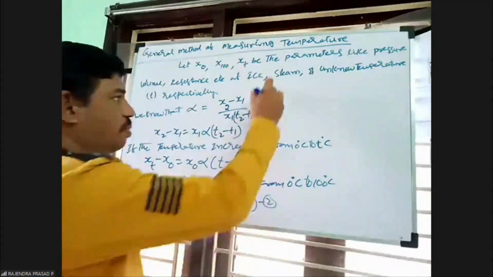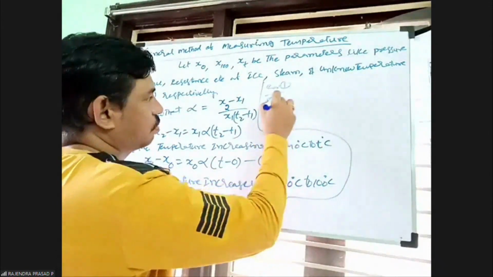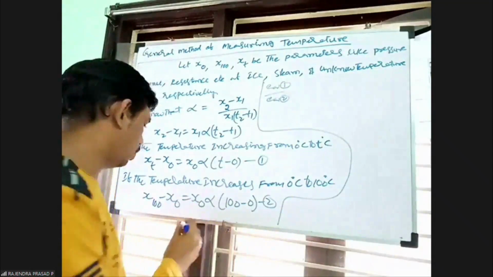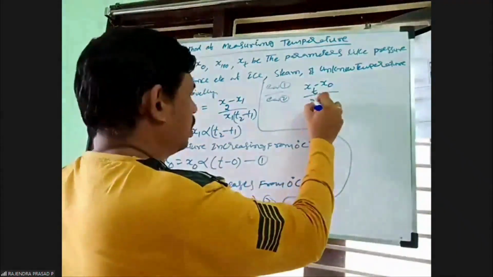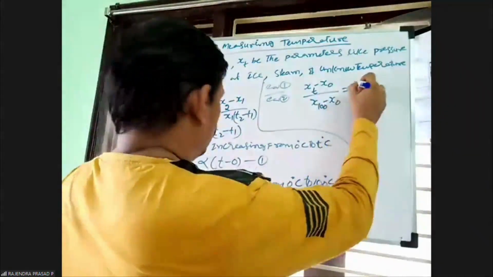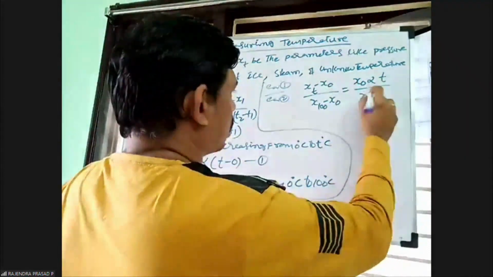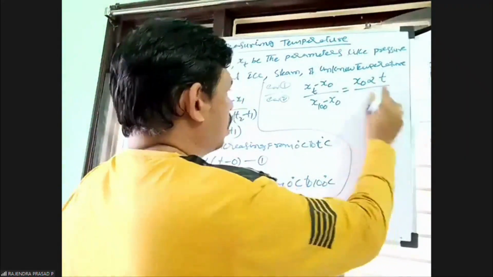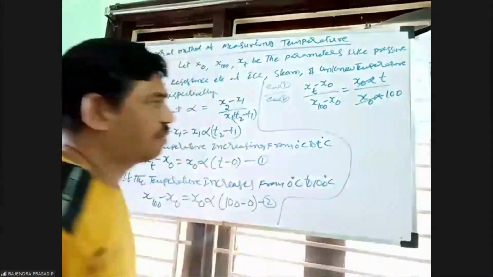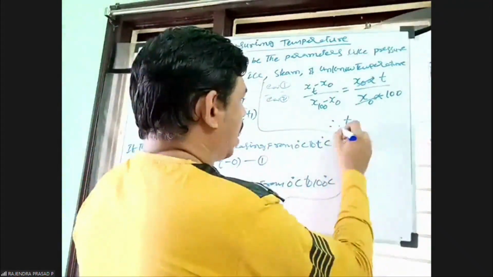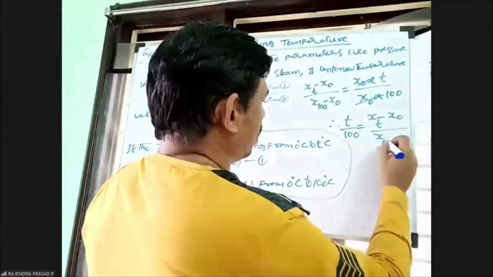This is equation 2. Dividing equation 1 by equation 2: Xt minus X0 by X100 minus X0 is equal to X0 alpha T by X0 alpha into 100. X0 alpha cancels. Therefore, T by 100 equals Xt minus X0 by X100 minus X0.